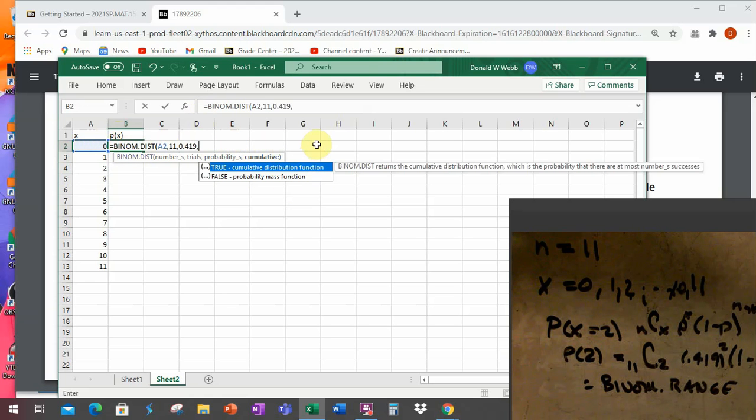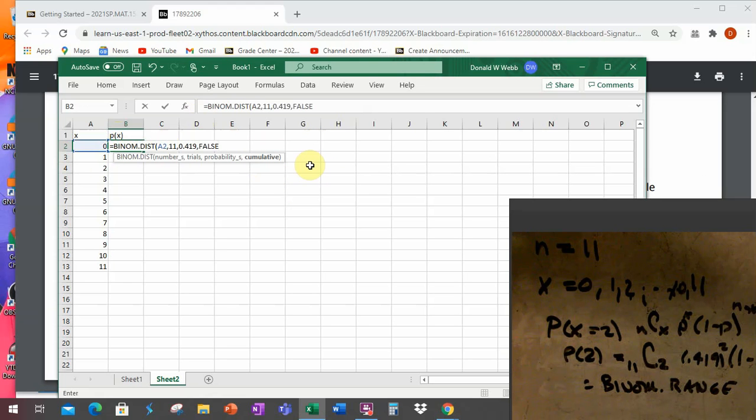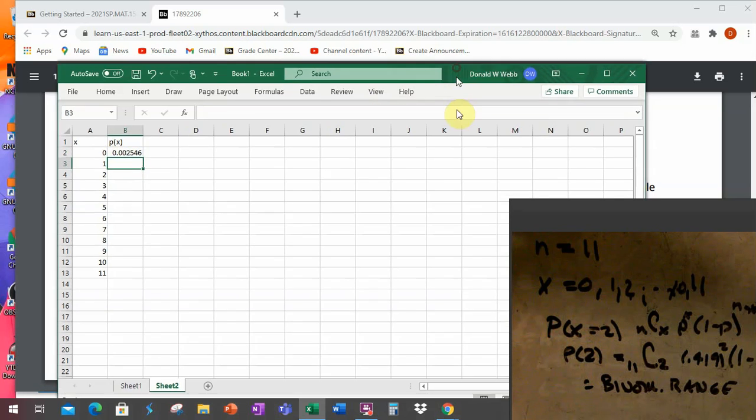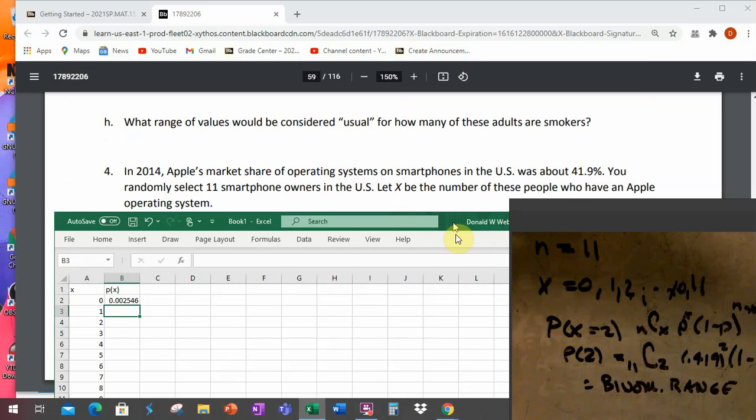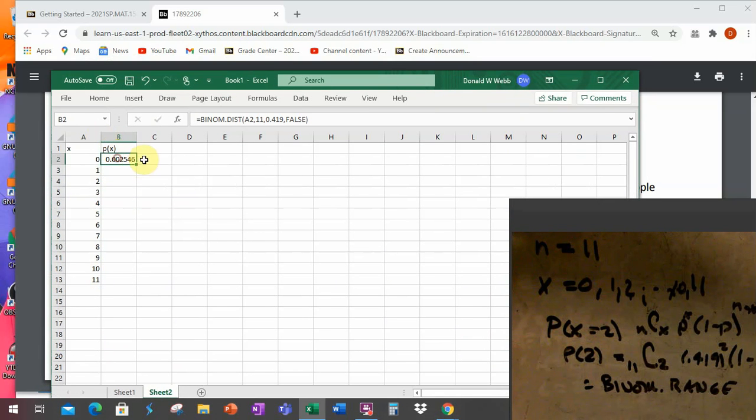Do I want the cumulative or not? No, I want the exact value because I'm building this probability distribution. The probabilities, that's what this is asking for: construct a probability distribution for the random variable. Okay, so now I highlight it, do the fill handle, pull this down, and that's the probability distribution, right?